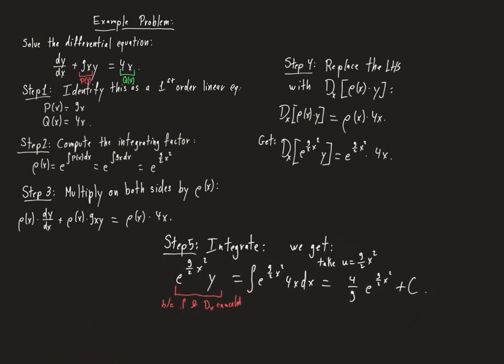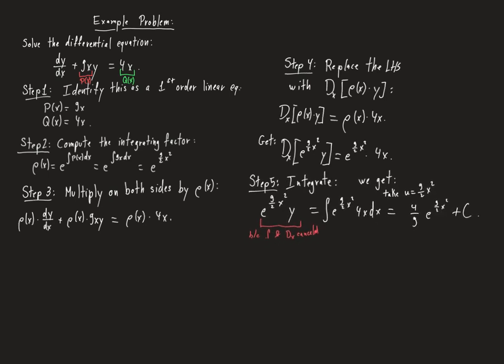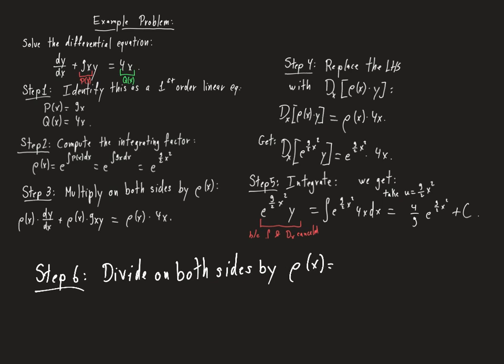Okay, we're almost done. All that's left is to do the final step, which is, of course, step 6. Divide on both sides by rho of x, which in this case is equal to e to the 9/2 x squared.